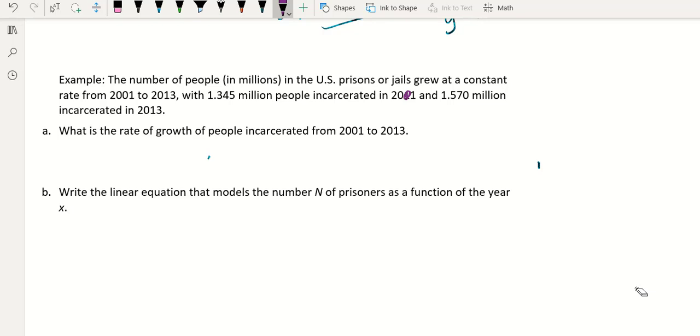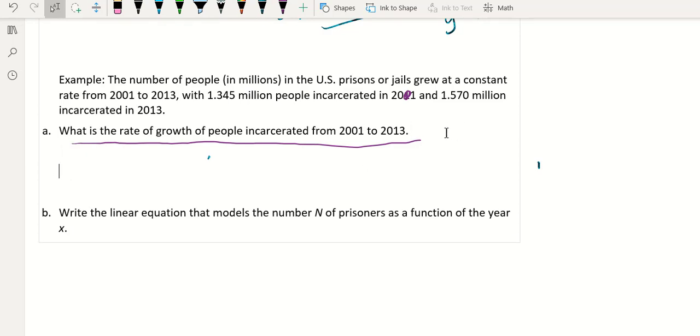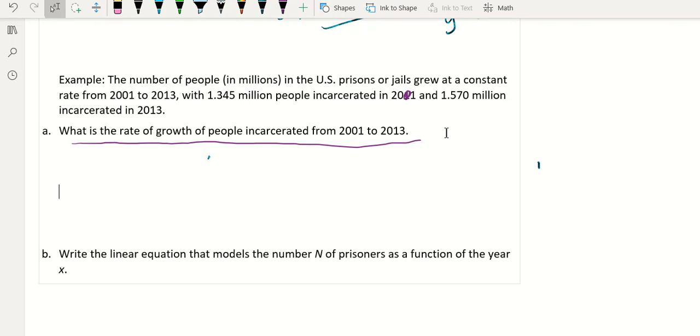What is the rate of growth of people incarcerated for the time period from 2001 to 2013? Rate of growth again means, what does that mean? That means a slope. Slope meaning you have a change in x and a change in y.